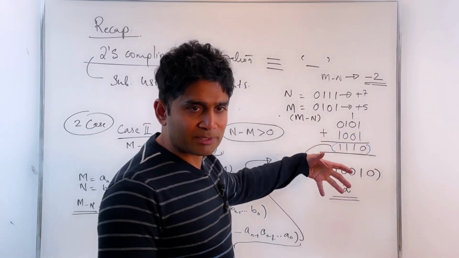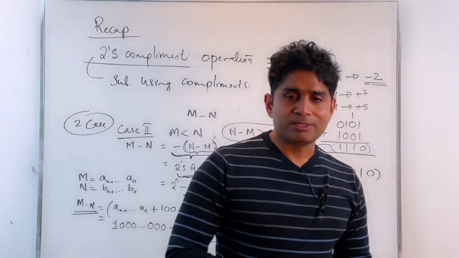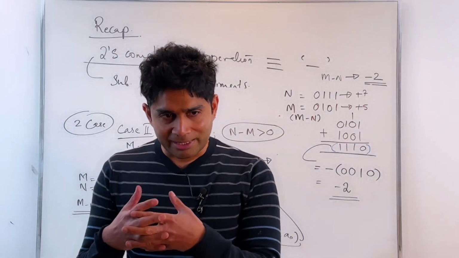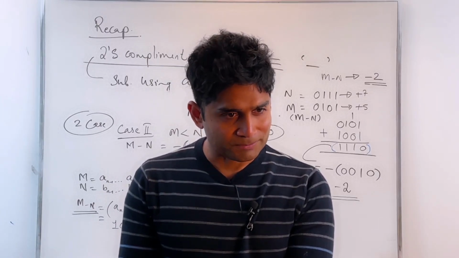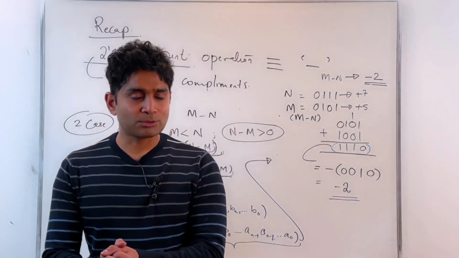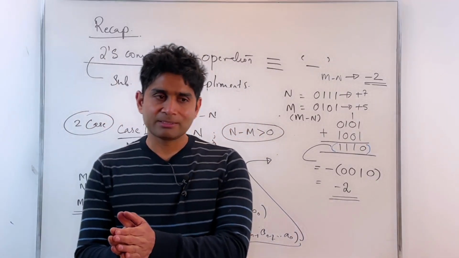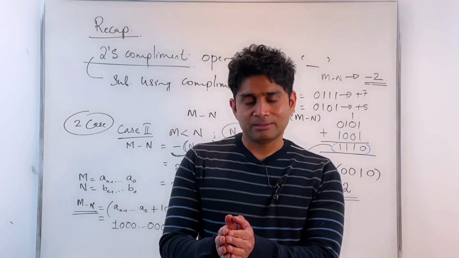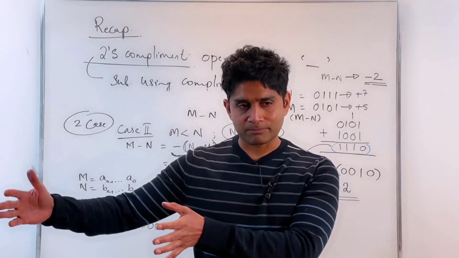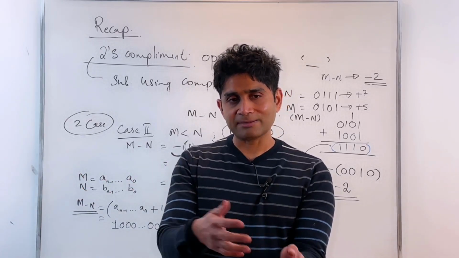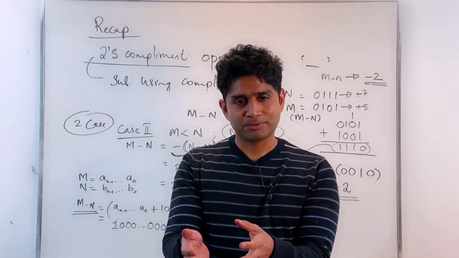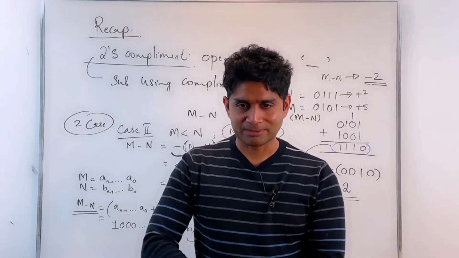By using the 2's complement approach, you're using the addition operation for the subtraction operation. So if I design hardware for addition, I don't have to design another hardware for subtraction. I can use the same hardware for both addition and subtraction. So that makes it more efficient, right?